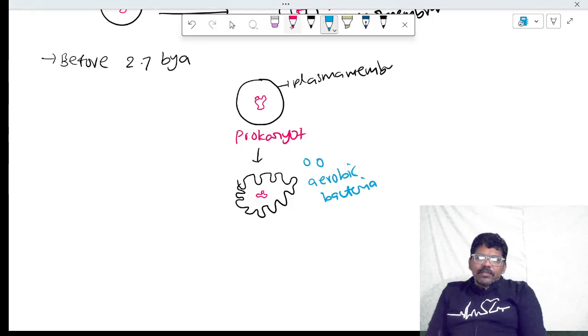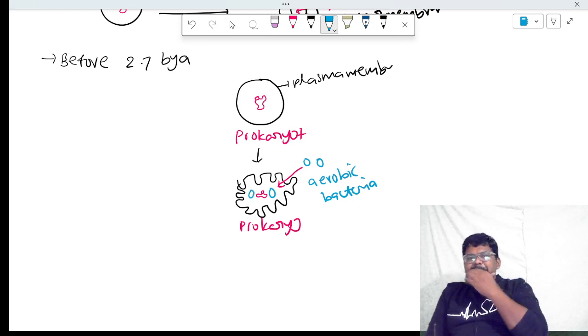The primitive prokaryotic cell took in this aerobic bacteria by symbiosis. The aerobic bacteria entered the cell, but it was not digested within the cell, and it converted into obligate symbionts.